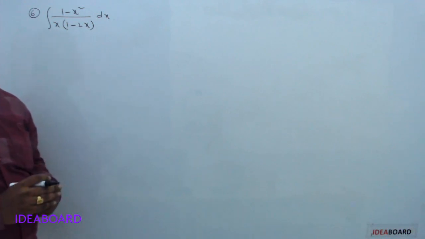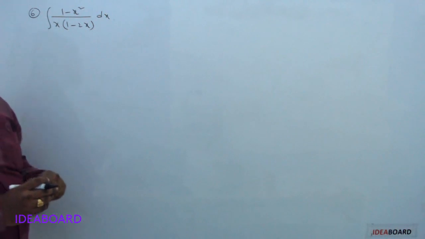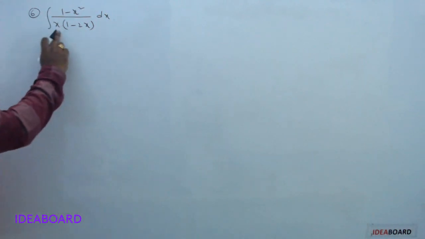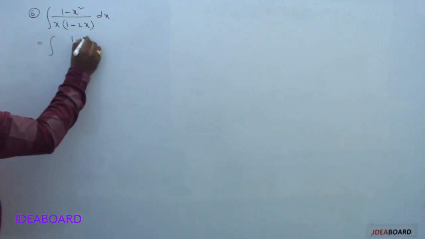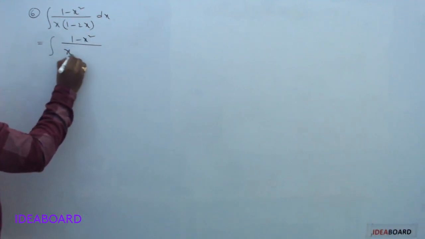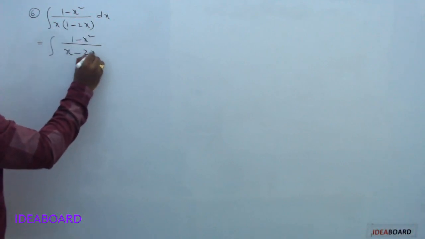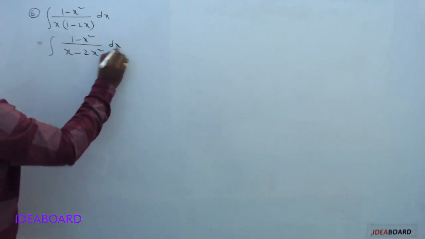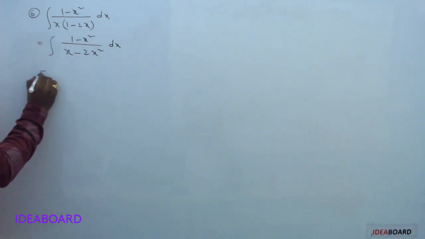So what is our procedure? Divide the numerator with the denominator. So first you multiply these two factors in the denominator. This is integral 1 minus x square divided by x into 1 minus x into 2x, that is 2x square, dx. Now write down the terms in an appropriate order.